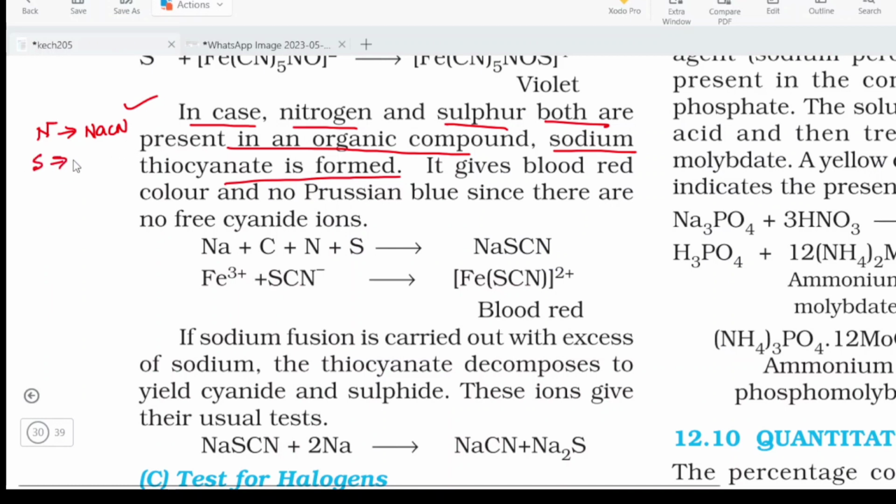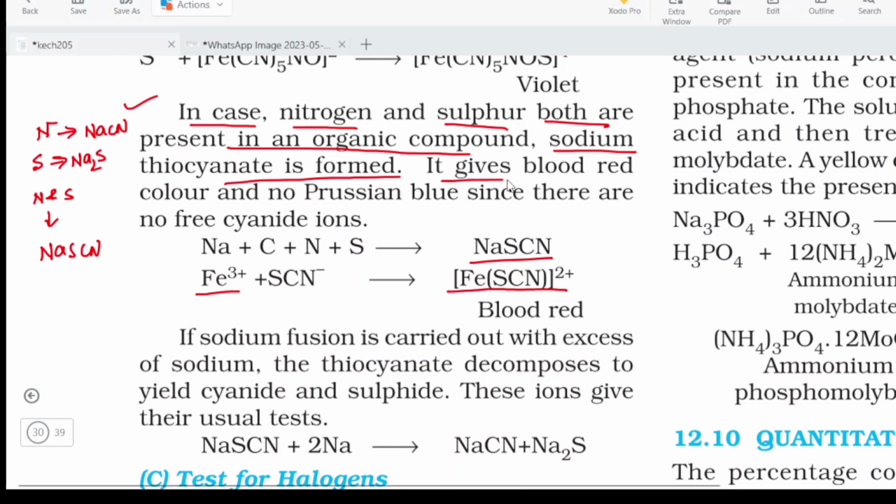If sulfur is present, then it will form Na2S. If nitrogen and sulfur are both present in the organic compound, then it will form NaSCN, sodium thiocyanate, which will react with Fe3+ ion and form [Fe(SCN)]2+. This complex is formed if sulfur and nitrogen are both present in the compound.